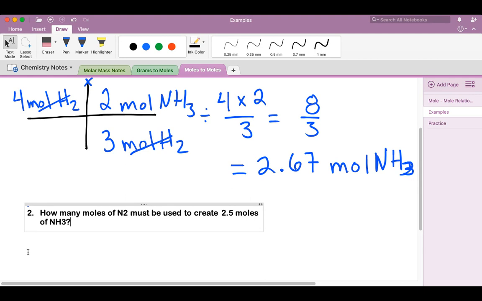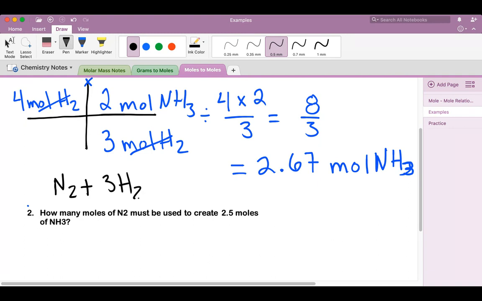Okay. So we have the same equation. I'm going to just rewrite it. So it was N2 plus 3H2 gives 2NH3. Okay, so that's the equation we're using.